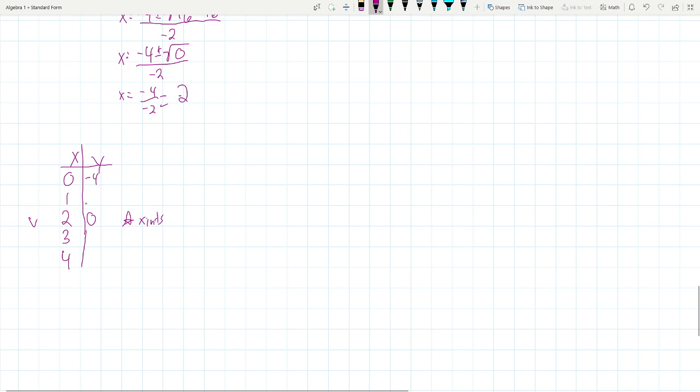So if I plug in 1, I have negative 1 squared plus 4 times 1 minus 4. So I got negative 1 plus 4 minus 4. And that winds up equaling negative 1. Now, because 1 is 1 away from 2, and so is 3, 3 should hopefully have a value of negative 1.